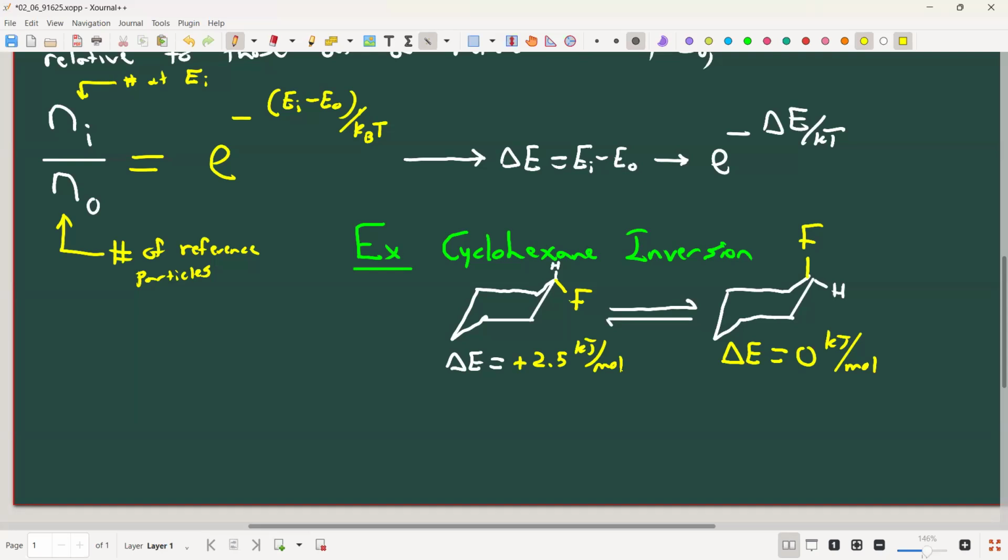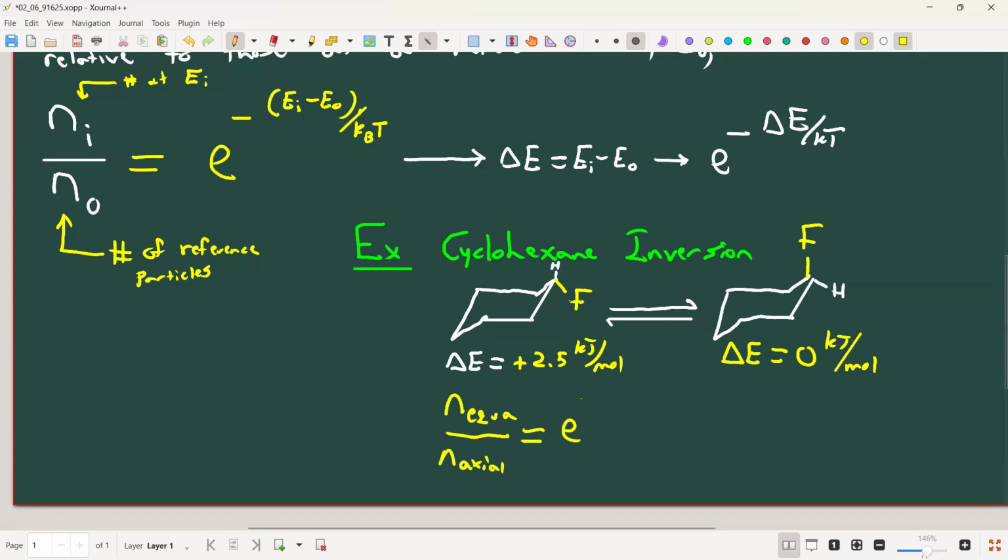And so all we have to do is, this system is equilibrated to some temperature. All we have to do is consider the ratio of molecules in the excited state to the molecules in the ground state. This is our excited state, this is our ground state. So all I have to do is calculate e to the minus 2.5 kilojoules per mole divided by RT, wherever the temperature is. So the number of equatorial relative to the number axial can be determined directly from this value, e to the minus delta E over RT.